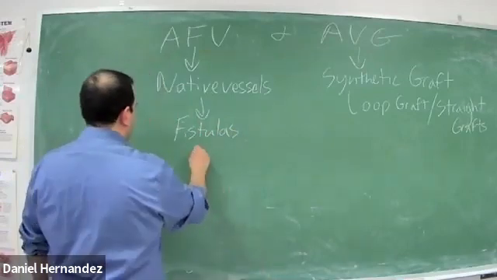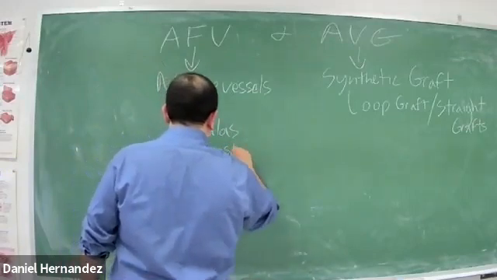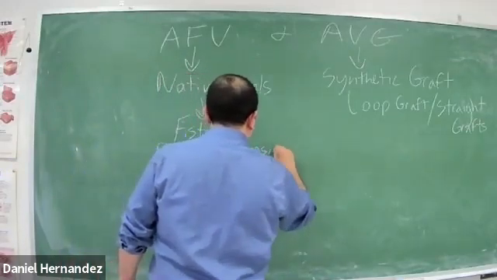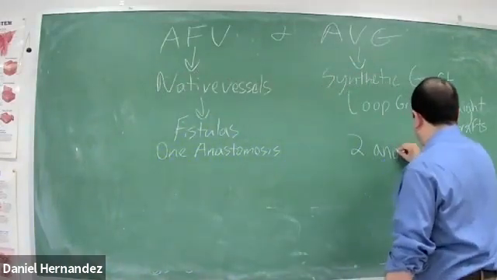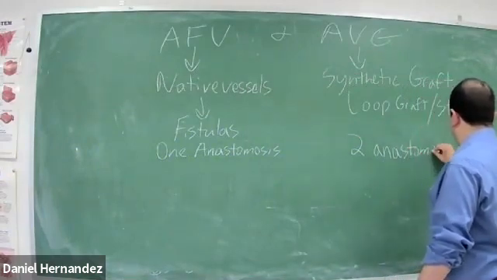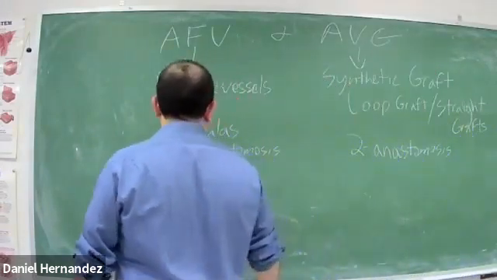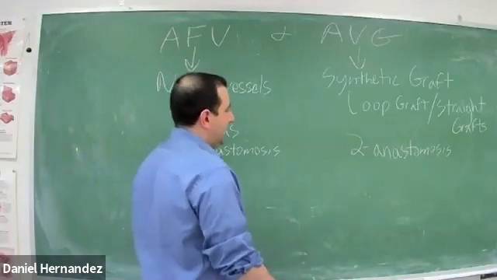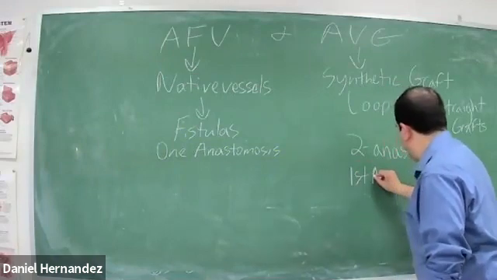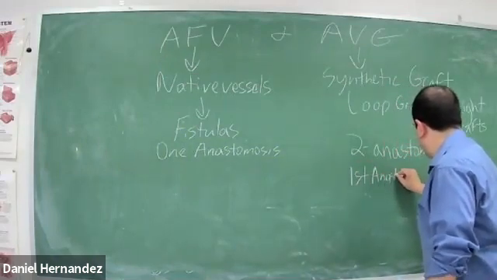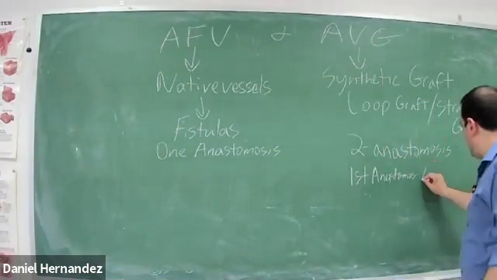So AVF will have one anastomosis. AVGs will have 2 anastomoses. So for the AVG, the first anastomosis is going to be at the arterial side.